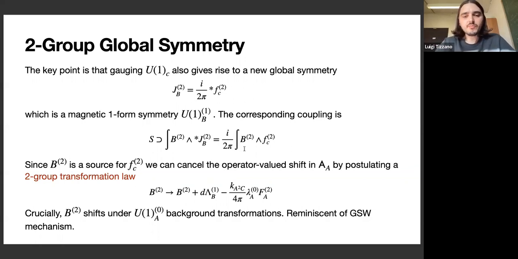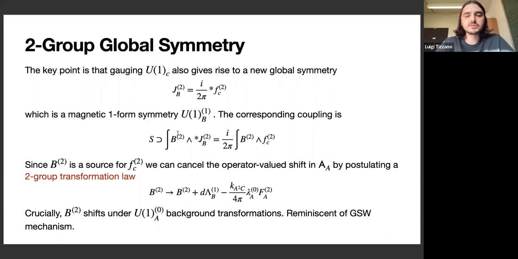And so now, if I consider in my original theory the presence of this new background B, I can basically cancel this operator-valued thing that I found in the anomaly functional A by postulating a new transformation law for B_2.